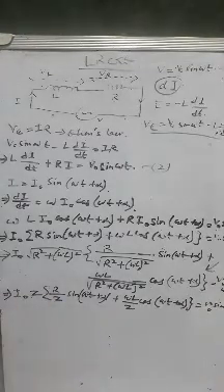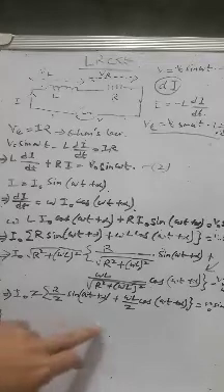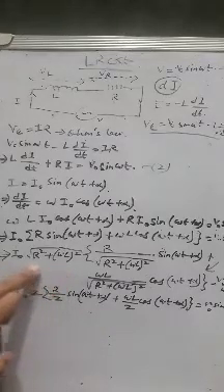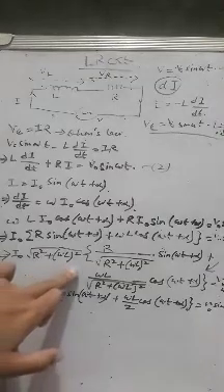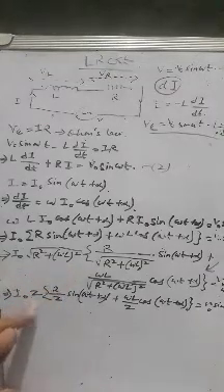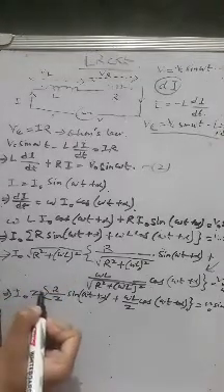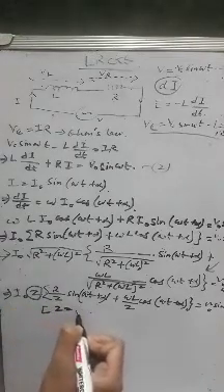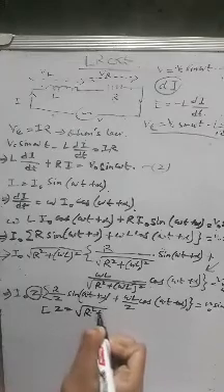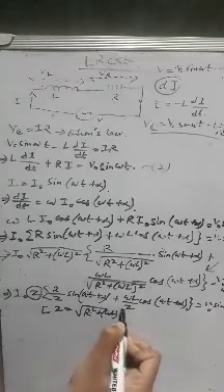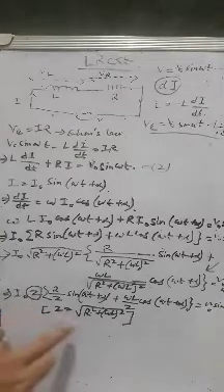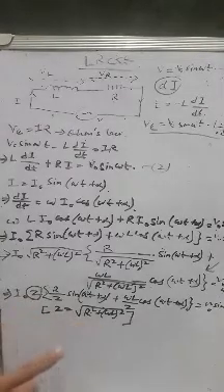So what I did students, in short, to represent this full big thing, root R square plus omega L square, I'm using this letter Z. I'm writing it here also: Z equals root R square plus omega L square. In short, I'm writing this root R square plus omega L whole square as Z.